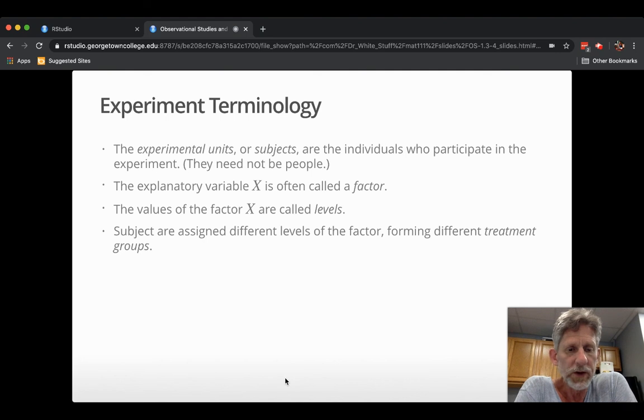The explanatory variable in an experiment is often some kind of categorical variable with a few possible values. And it often gets called a factor. It doesn't have to be, but often you'll see in books and research articles the explanatory variable in an experiment is called a factor. And the possible values of the explanatory variable are called its levels.